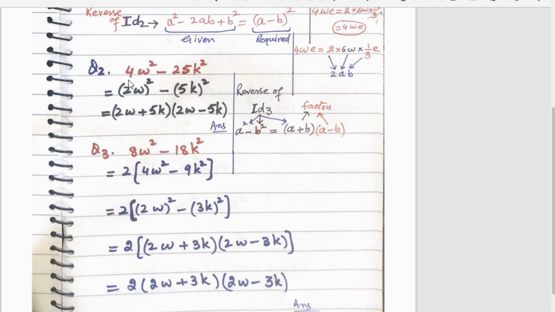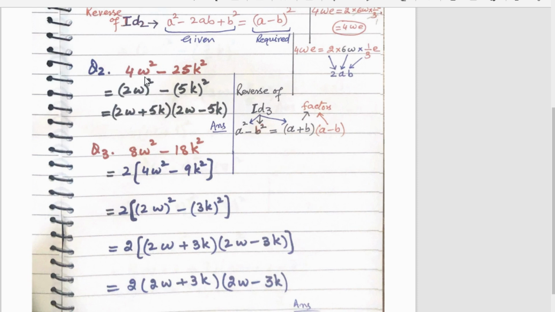Now can I write down 4w square as 2w square, as I have explained before? Look, 4 is the square of 2. When we multiply 2 with 2, we get 4. It means 4 can be written as 2 square, and w is already in the form of square.